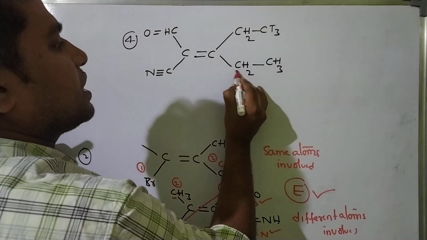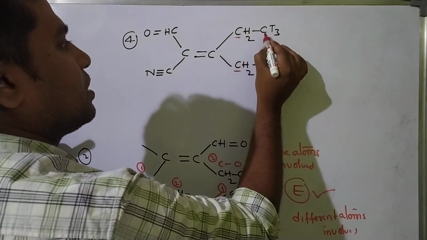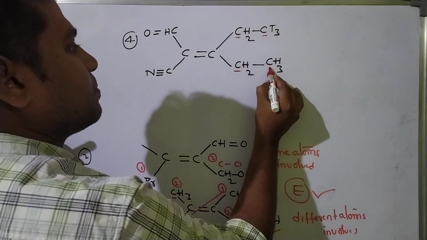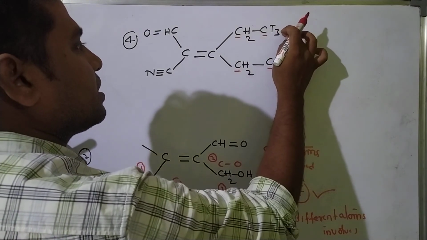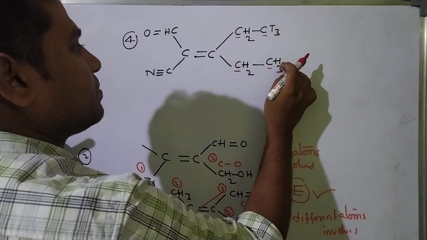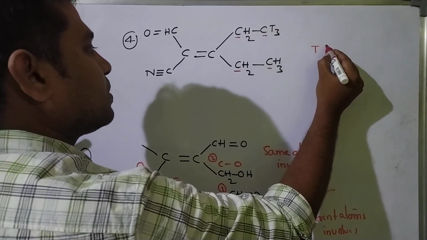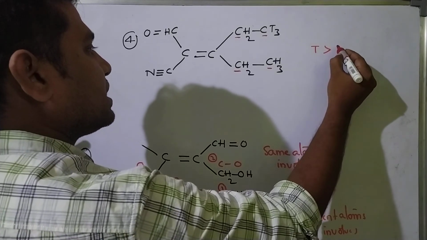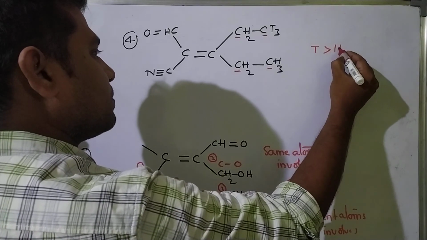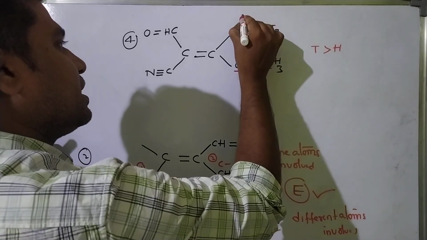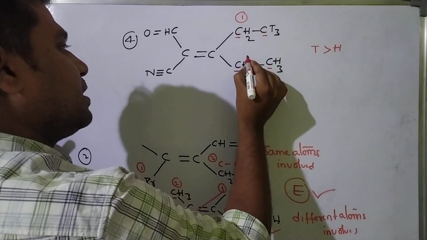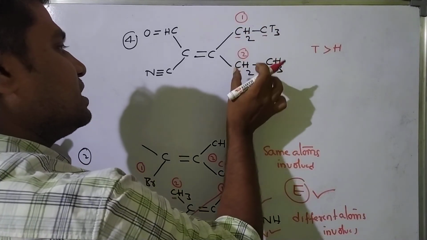Here first carbons are same, now the second carbons also same. But here tritium, these are hydrogens, which means the mass number of tritium isotope is greater than mass number of protium, hydrogen. So it will get first priority, this will be second priority.